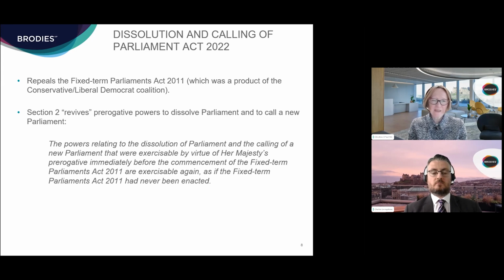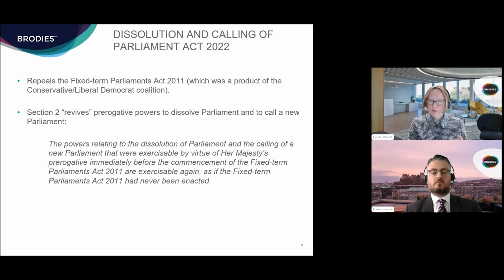What is said in Section 2 of the 2022 Act is that the powers relating to the dissolution of Parliament and the calling of a new Parliament that were exercisable by the prerogative immediately before the 2011 Act are exercisable again as if the Fixed Term Parliaments Act had never been enacted.